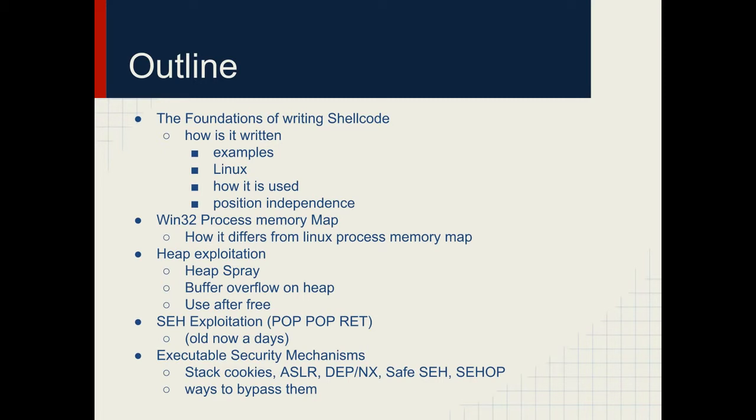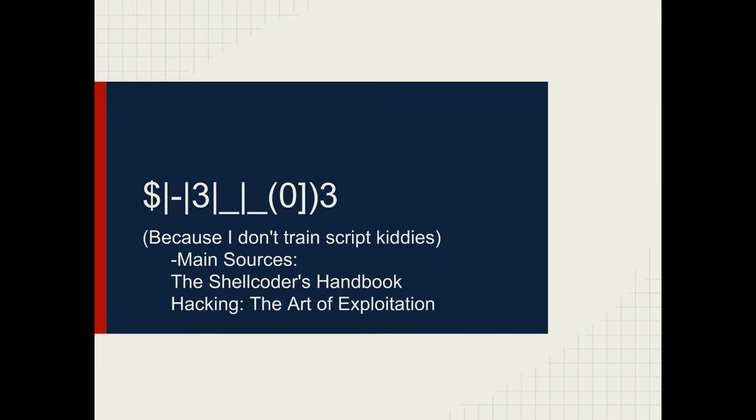And next time we're going to cover heap exploitation and the rest of this stuff. And we'll get into ASLR, DEP, NX, SEH, SEHOP, the ways they're attacked, and the protections they provide, and how valuable they are.